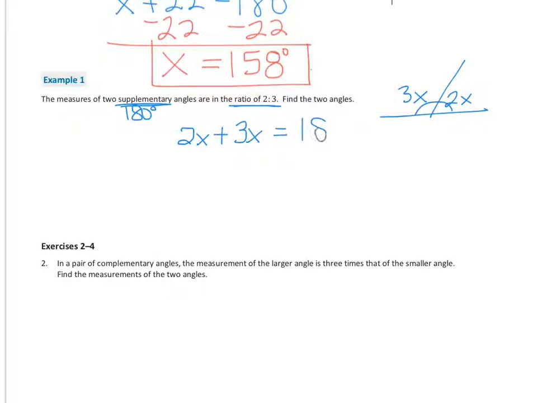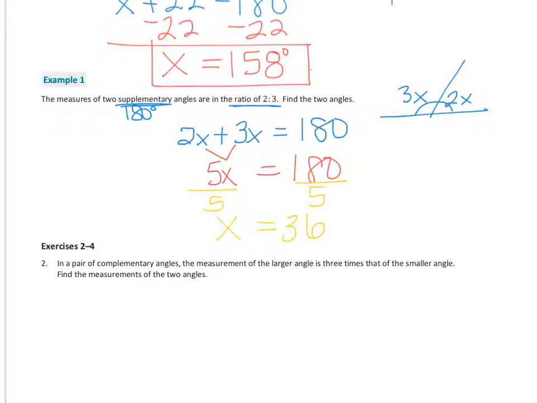The 180 degrees. All right, so now I don't have a one-step equation, but it's not too bad. 2x plus 3x is 5x, still equaling 180, and divide by 5. All right, so not too bad. There. 180 divided by 5 is 36.